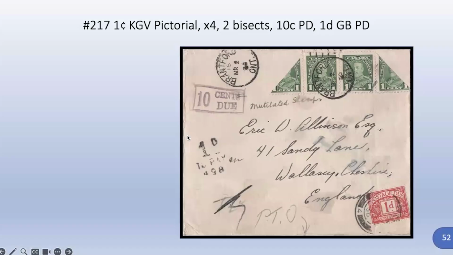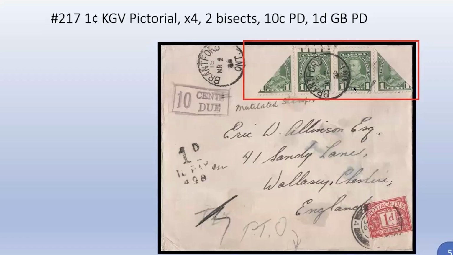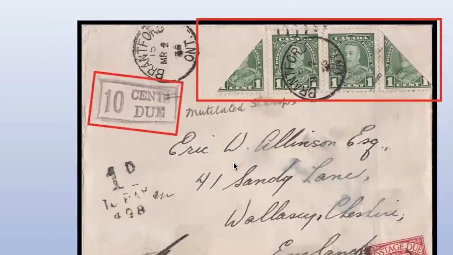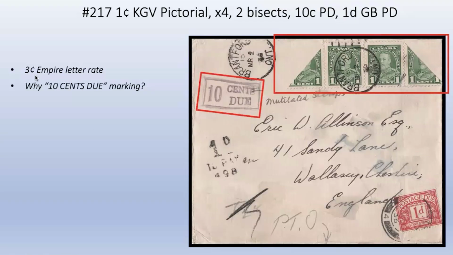This is an interesting one. Here we're looking at 3 cents. 3 cents is the UPU rate, but there was a deficiency. It was the 3-cent Empire letter rate. Sorry. So he did pay the correct postage amount, but somebody in Canada Post felt it was 10 cents due.